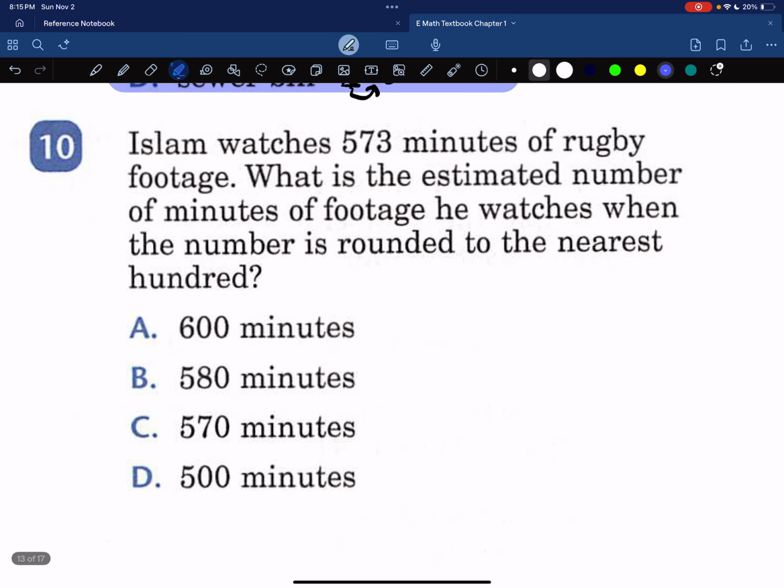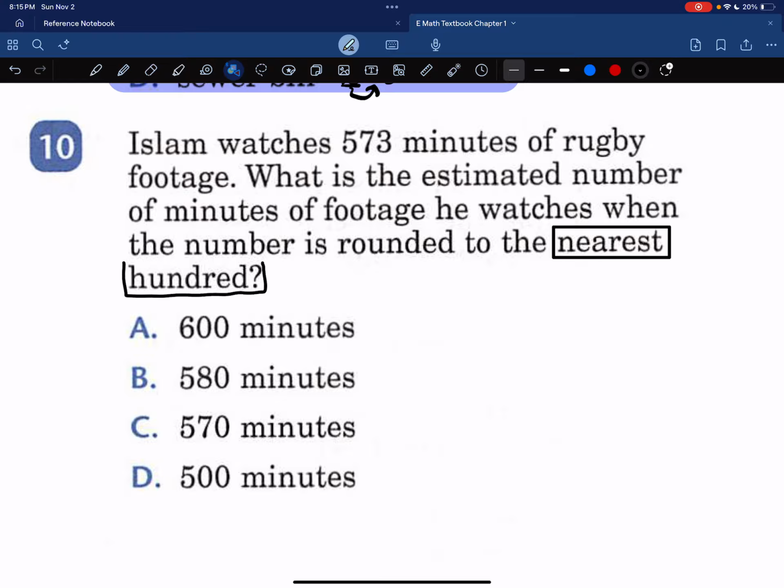Number 10. Islam watches 573 minutes of rugby footage. What is the estimated number of minutes of footage he watches when the number is rounded to the nearest 100? So we want nearest 100.